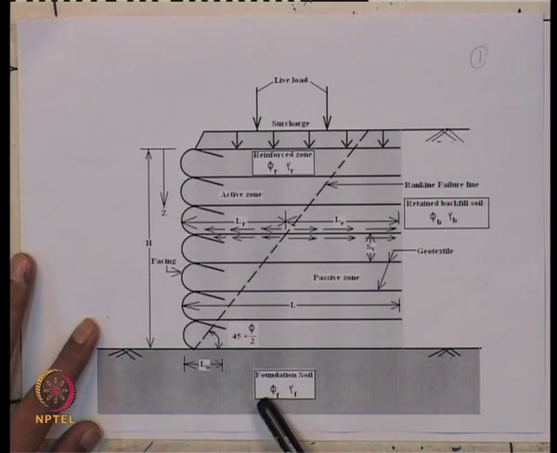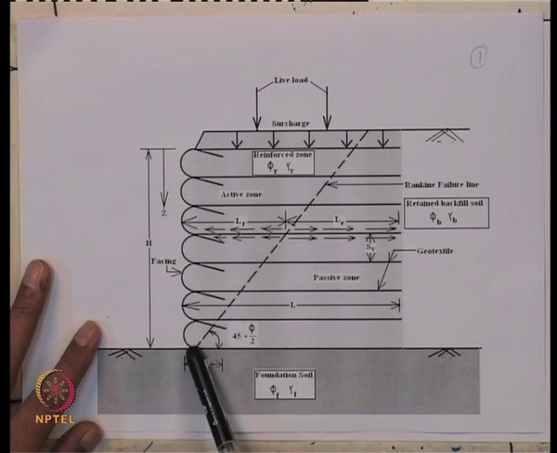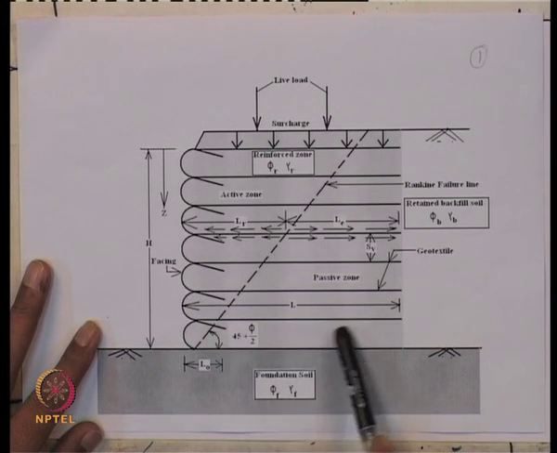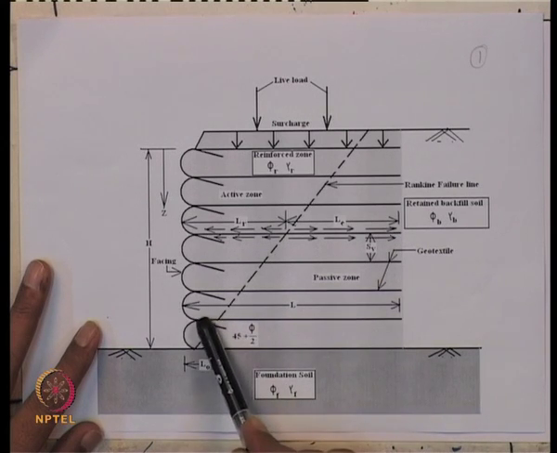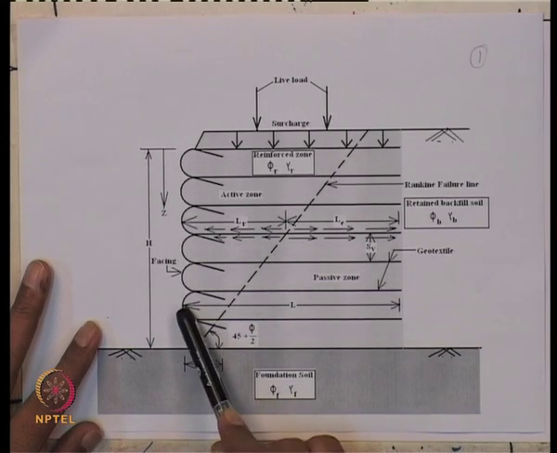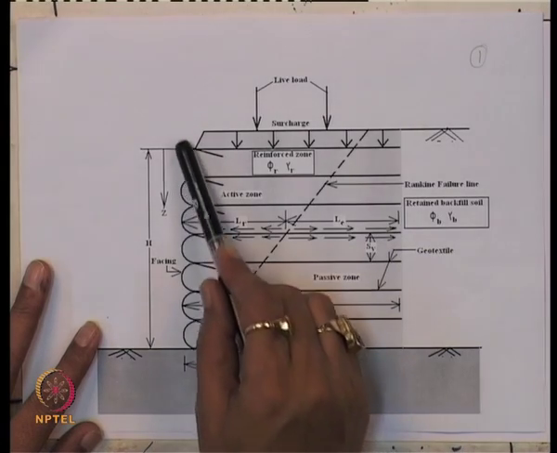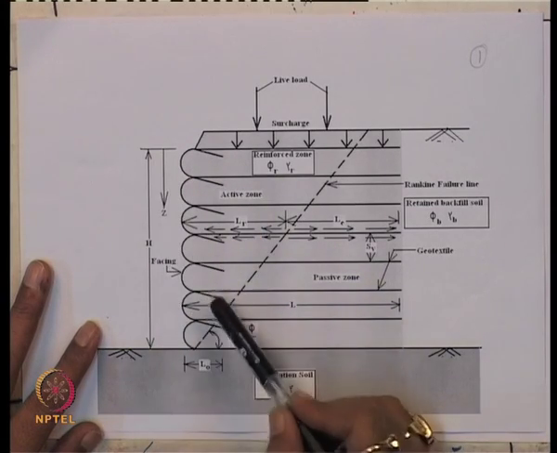This is the angle of internal friction of the foundation soil, and γf is the unit weight of the foundation soil. This is the geogrid material and this is the wrapping like this, and you fill up with the soil, and then the next layer of the woven or non-woven geotextile material, and then it is wrapping. Like this you can construct a reinforced soil wall with height equal to H.